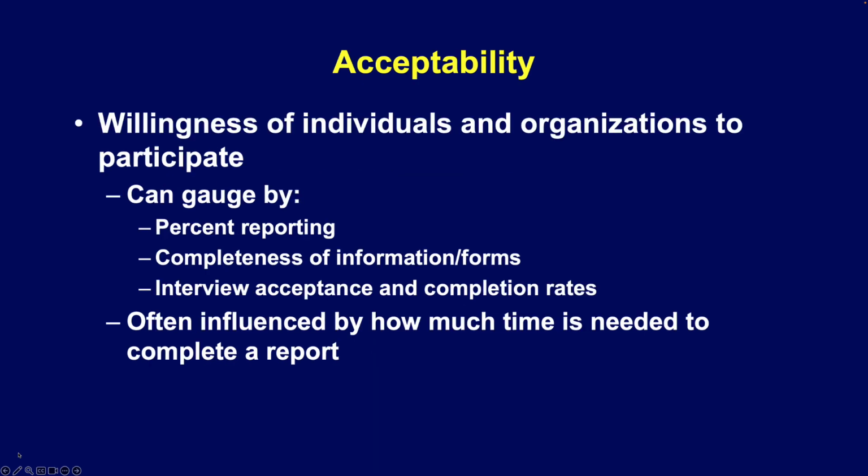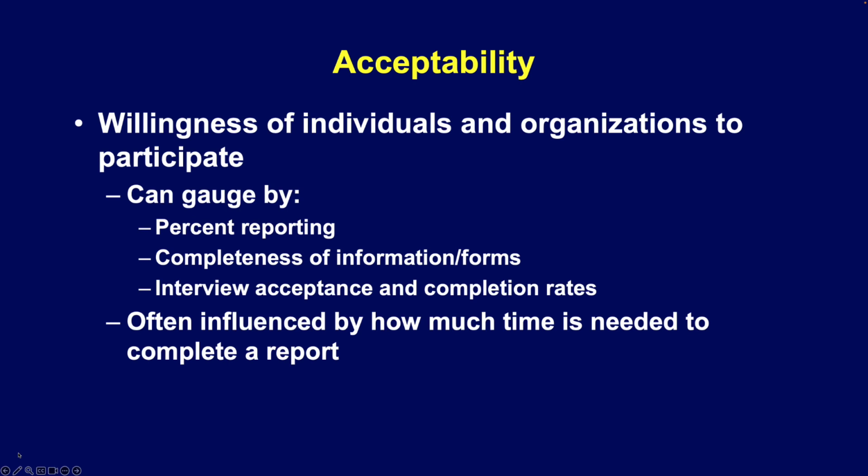The acceptability of a surveillance system is an attribute that refers to the willingness of individuals and organizations to participate in the surveillance system's processes. So the surveillance system may be live and there may be reporting regulations and requirements as part of state or city law, but you still might have different levels of engagement in reporting to the system. This could relate to the acceptability of the surveillance system among those that you need to be involved and engaged in participating.